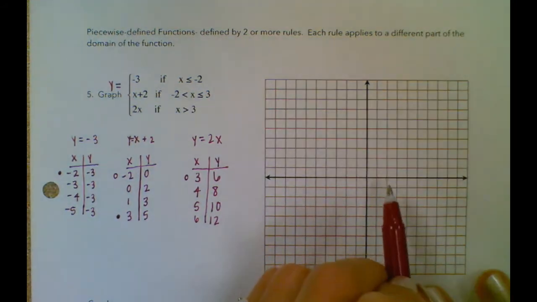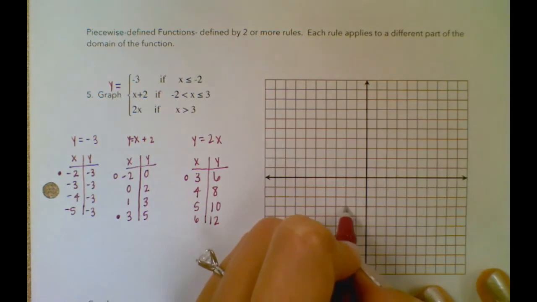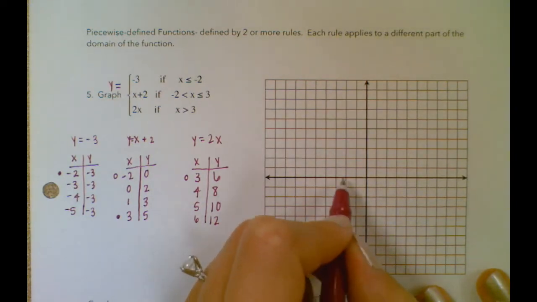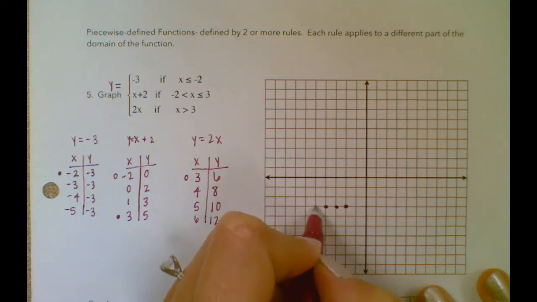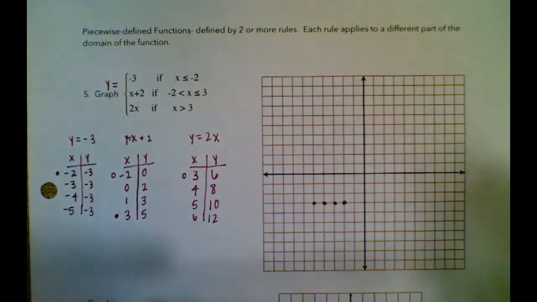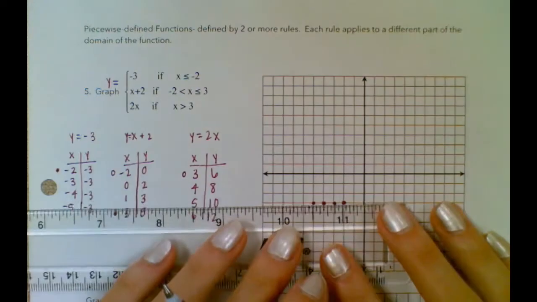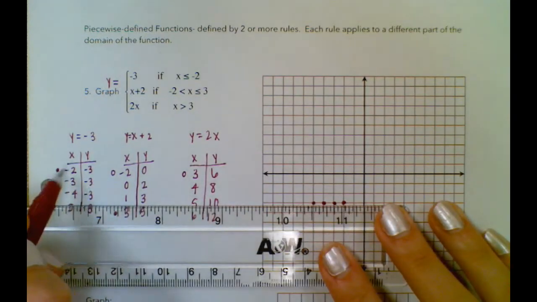And now I'm just going to go over here and plot all these points. So -2, -3, -3, -3, -4, -3. All right, as you can see, we have a straight line. I'm going to grab my ruler. Make nice pretty lines. And notice I made this coordinate point, -2, -3, a closed circle right there.